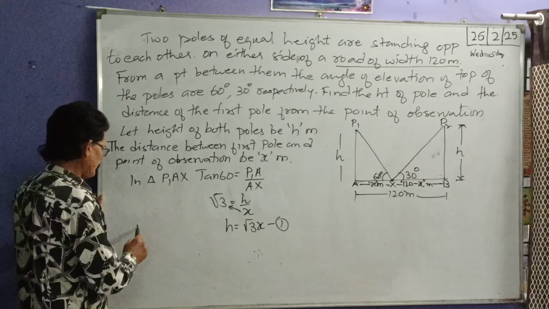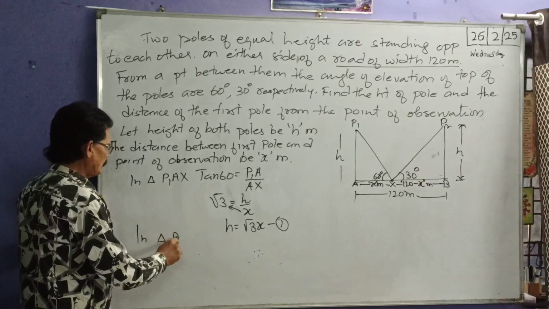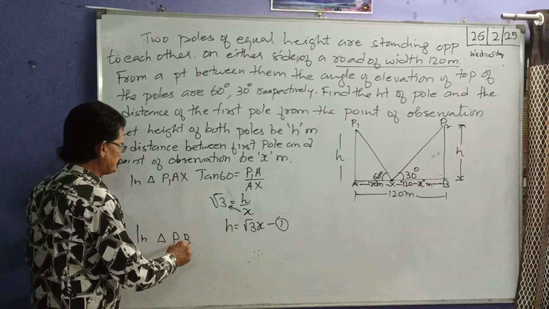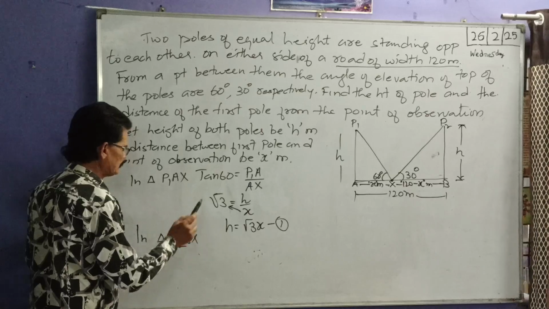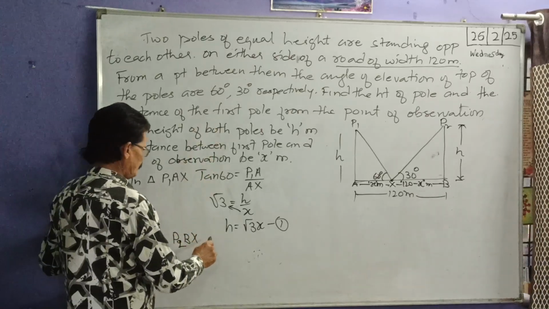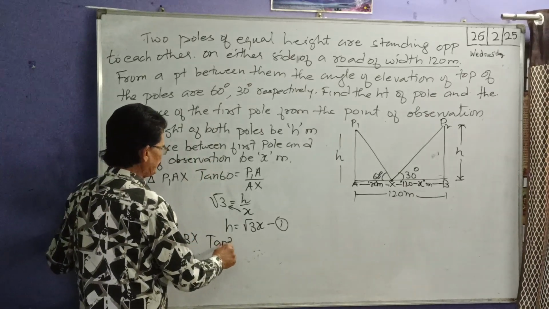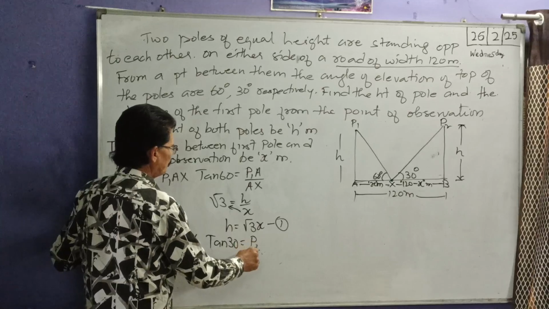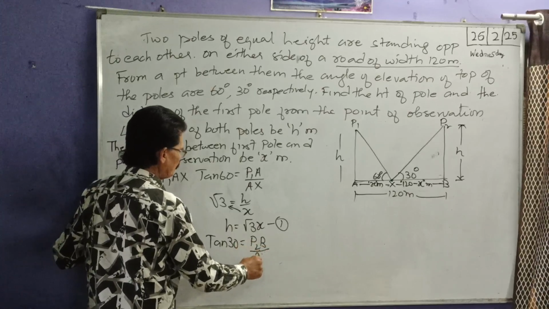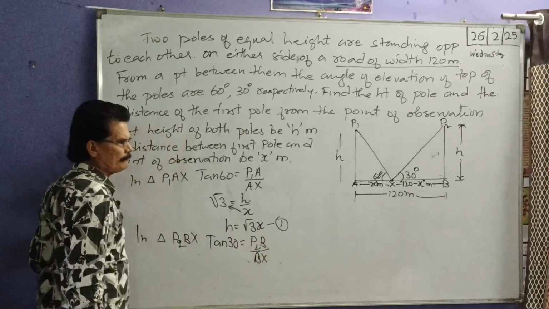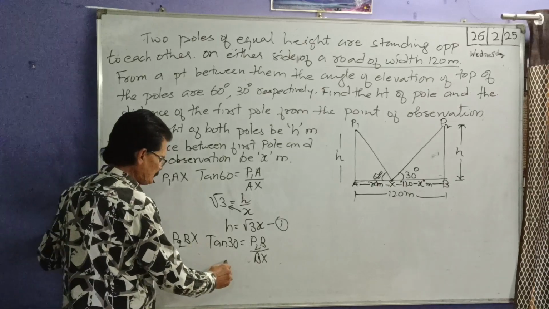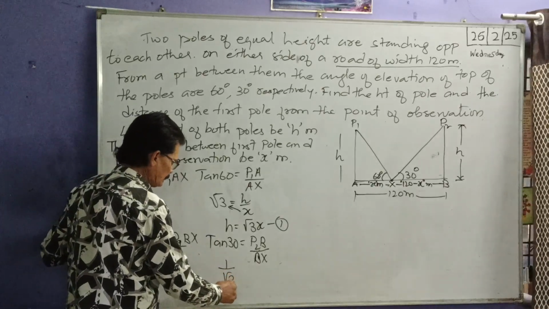Then in triangle P2BX, tan 30 is equal to P2B by BX. Tan 30 is 1 by root 3.